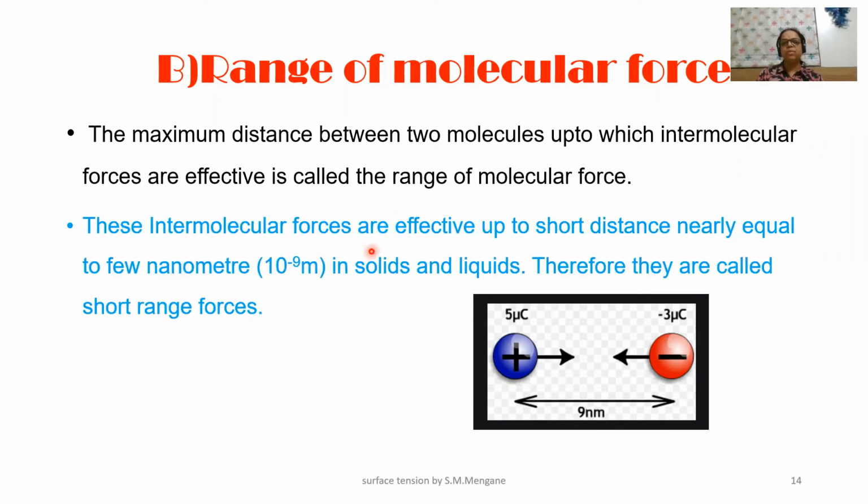These intermolecular forces are effective up to a short distance, nearly equal to a few nanometers, that is 10 raised to minus 9 meter, as in solids and liquids. As this range is very short, they are called short range forces. In the figure, the range between these charged particles is 9 nanometer, that is 9 into 10 raised to minus 9 meter. This is applicable to molecules also.